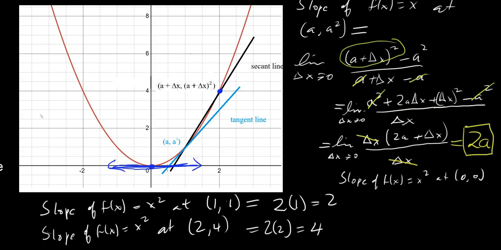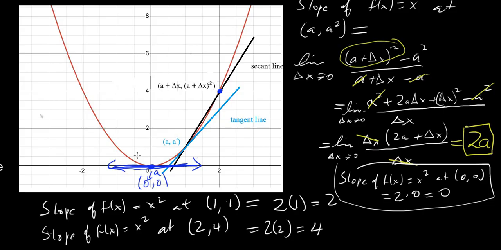But I'm thinking that's what the tangent line there looked like. It doesn't look like it has any steepness at all. So I'm thinking the slope there should be 0. But again, the slope is 2 times a. Here's our point 0, 0. So a is 0, right? So our slope is going to be 2 times 0, which is just 0. And sure enough, that's what we're getting, right?